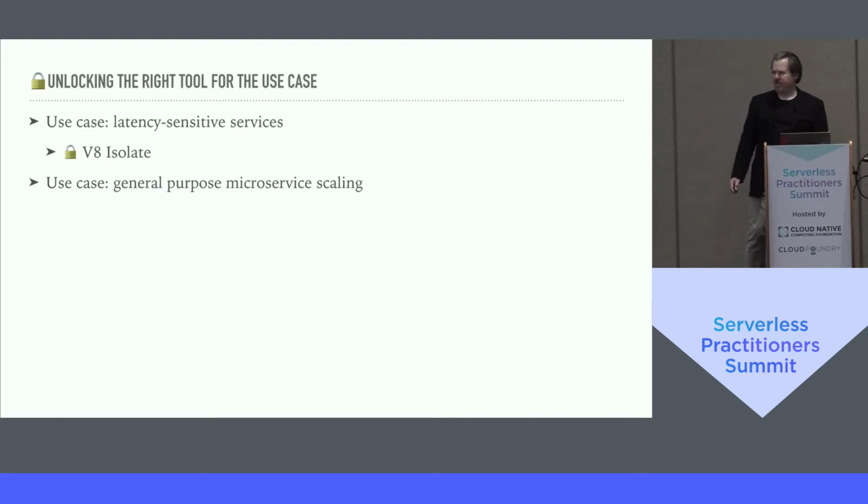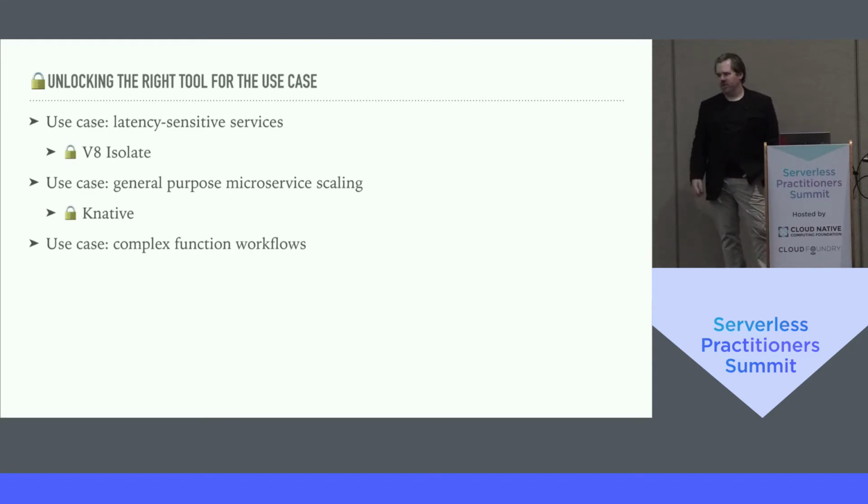For general purpose microservice scaling, it would be great to just rely on Knative for doing that, because that works well with Knative serving. For complex function workflows, we're using OpenWhisk for that already. We'd like to keep using OpenWhisk for that, because OpenWhisk does that nicely.